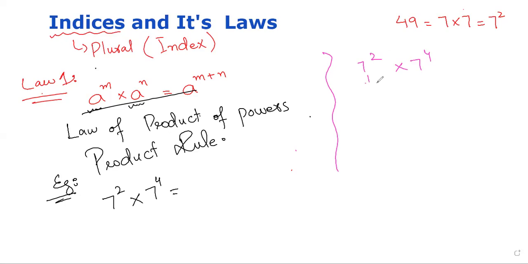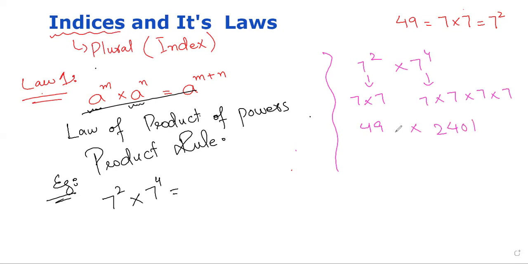7 to the power 2 means 7 times 7. 7 to the power 4 means 7 times 7 times 7 times 7. 7 times 7 is 49, and 49 times 49 is 2401.